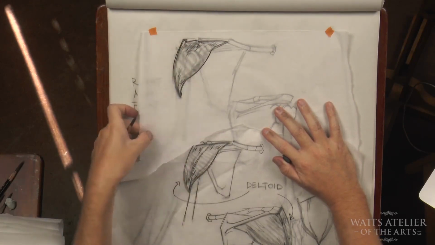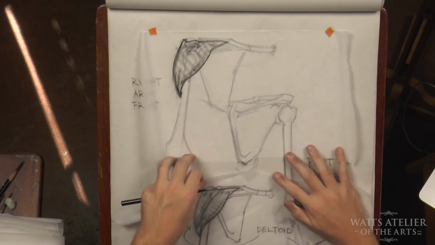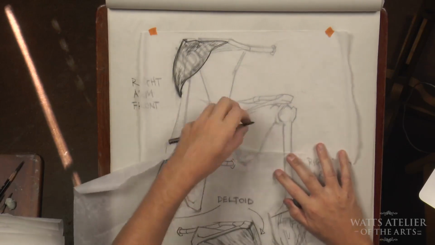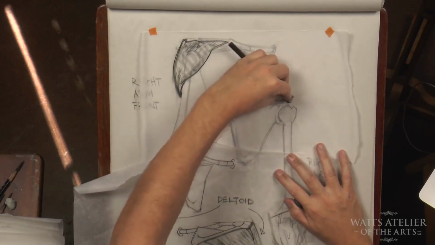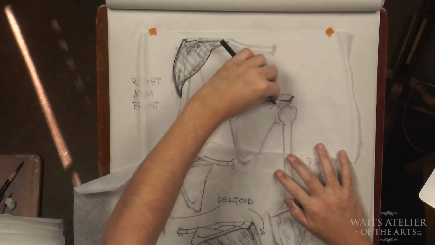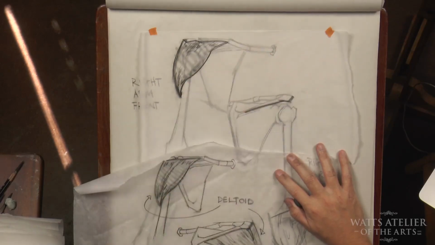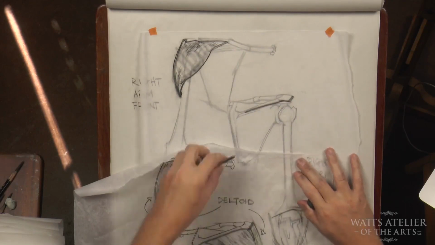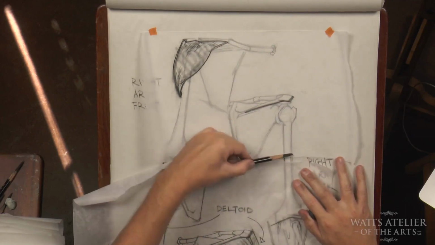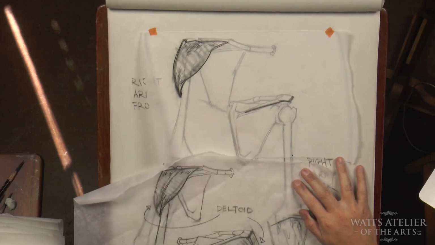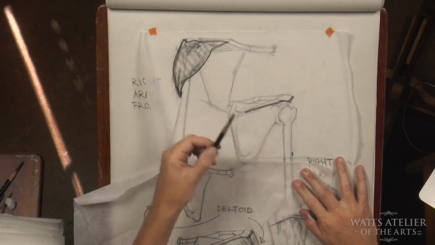Right, so it kind of locks on there like that, but then it keeps going, right? Like it goes around to the other side and keeps coming this way. Kind of wraps around here and then down this ridge that way, right? And then from there, again, connects down onto humerus, kind of down here, right?